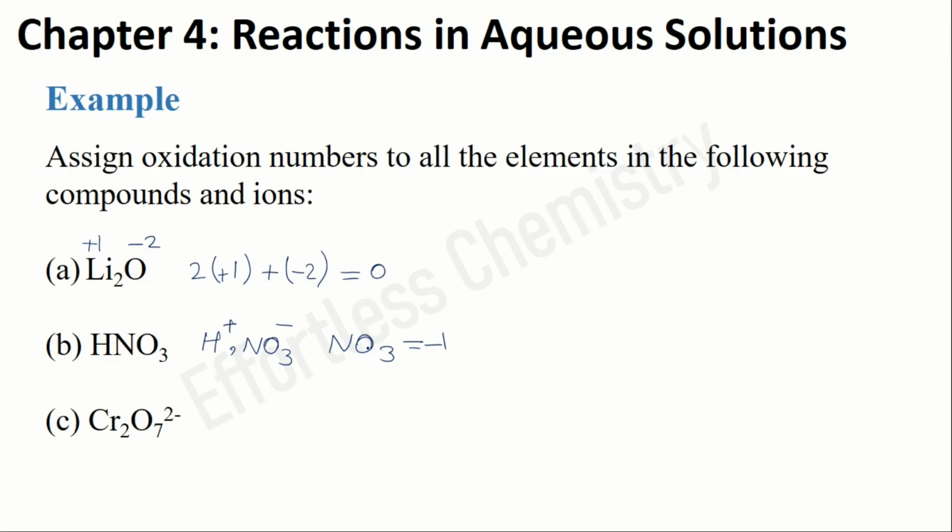So if we know the oxidation number of the oxygen, which is minus 2, here we can find the nitrogen. With writing a simple equation, we can find it. So here x equals minus 1 plus 6, it would be plus 5. The oxidation number of nitrogen is plus 5.